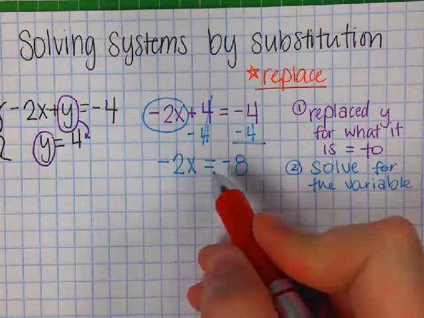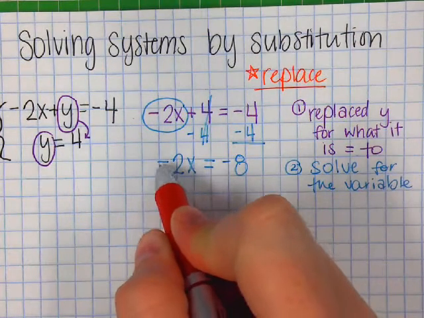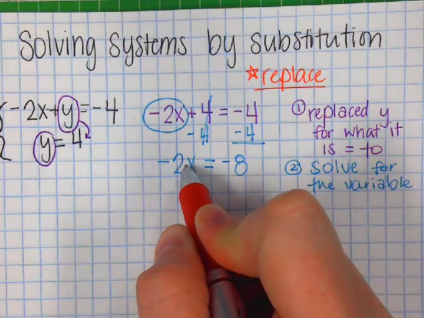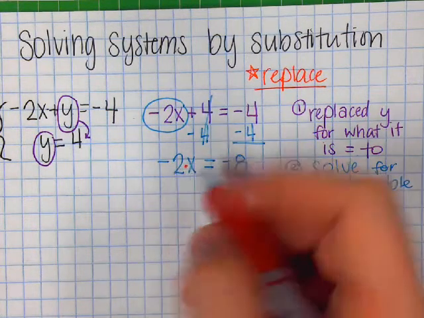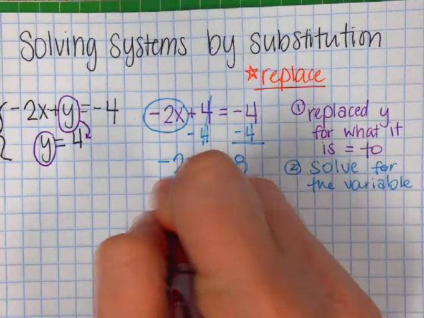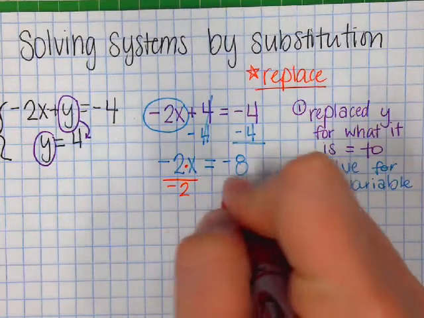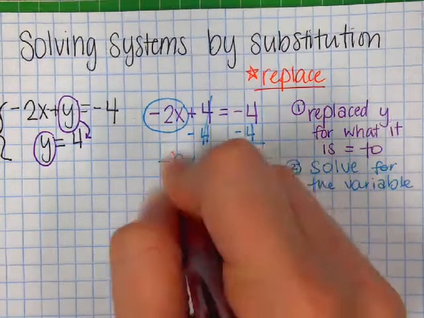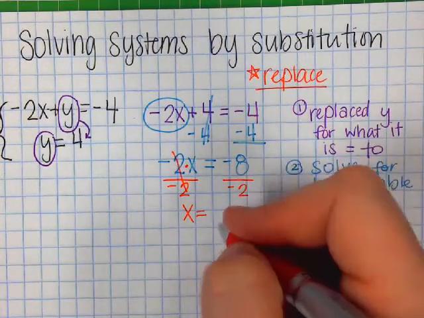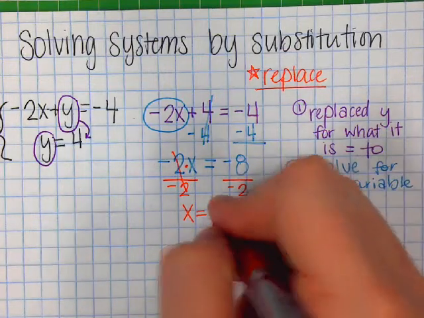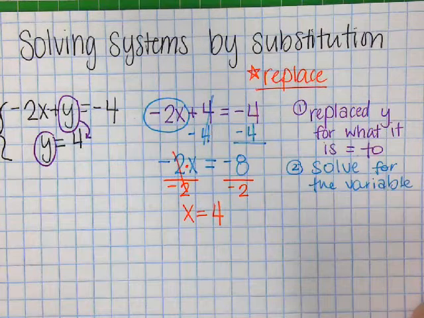Okay? Then we're going to keep solving. So it's negative 2 times x. Don't let that negative out in front of the 2 mess you up. The opposite of multiply by negative 2 is divide by negative 2 and divide by negative 2. So x equals, a negative divided by a negative will be a positive. 8 divided by 2 is 4.